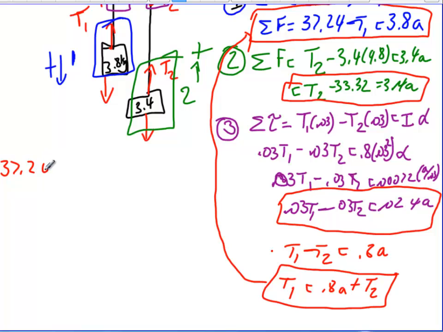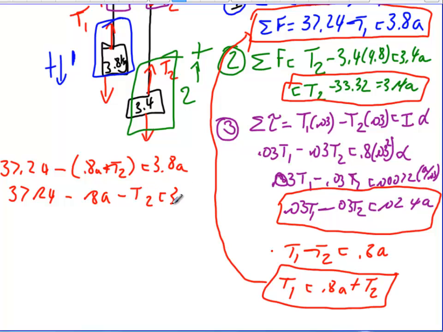37.24 minus, now I need T1, which is 0.8A plus T2 equals 3.8A. Okay? Alright, so now I'm going to distribute that negative, 37.24 minus 0.8A minus T2 equals 3.8A.